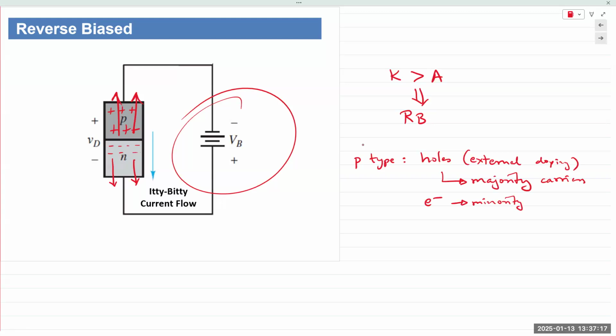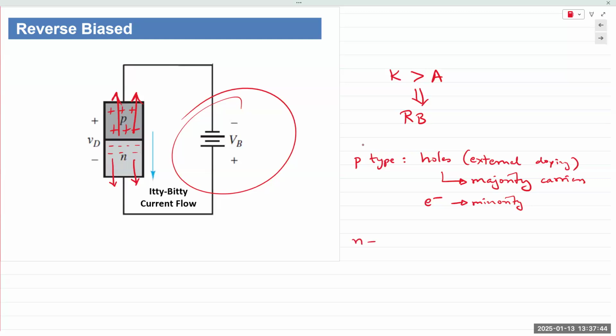So intrinsically, because of thermal effects, you have electrons and holes in a p-type material, and then you have excess of holes introduced from external impurity doping. So in an extrinsic semiconductor, holes are large in number, hence majority carriers. Electrons are low in number, hence they are minority carriers. And when we get to an n-type material, it's flipped.